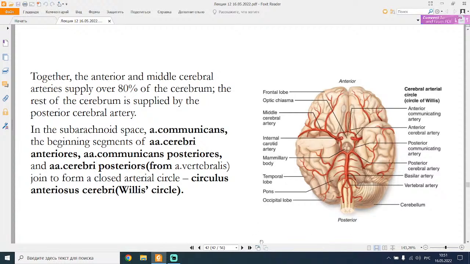In the subarachnoid space, the arteria communicans anterior, the beginning segments of the arteria cerebri anterior, the arteria communicans posterior and the arteria cerebri posterior from arteria vertebralis join to form a closed arterial circle, the circulus arteriosus cerebri, the circle of Willis.